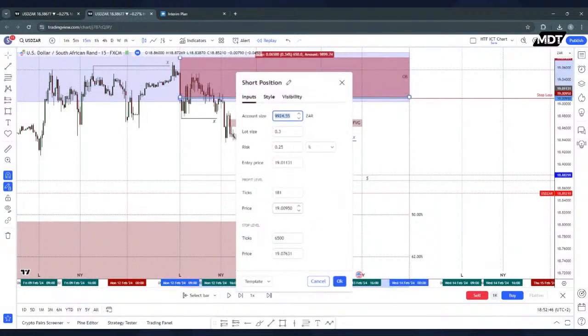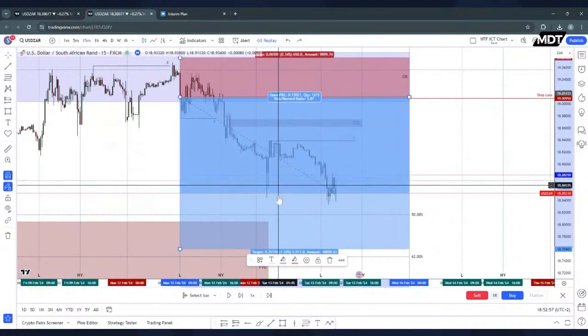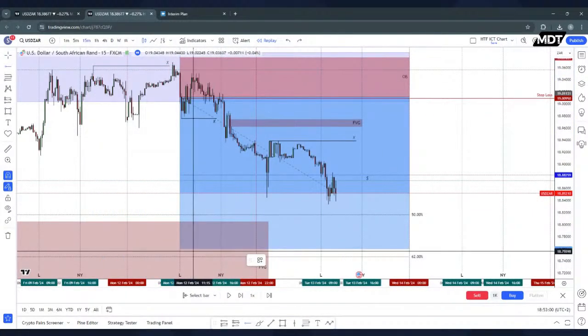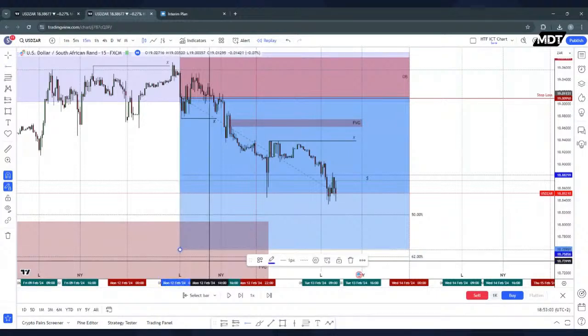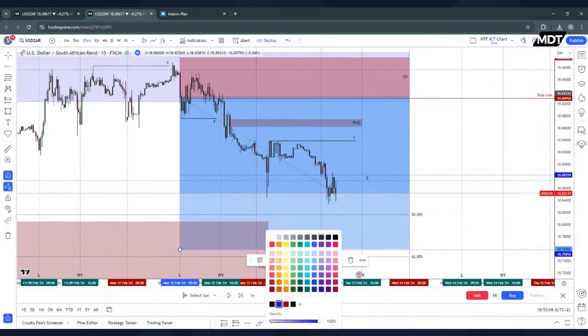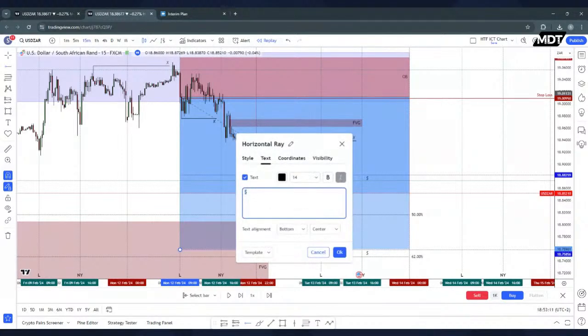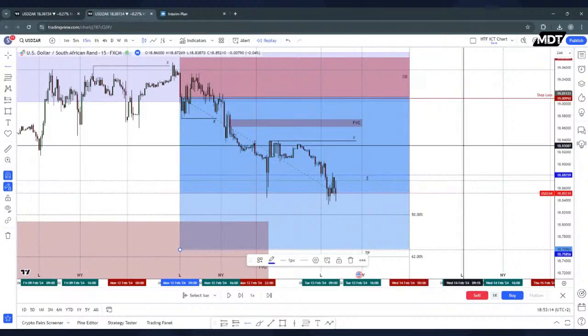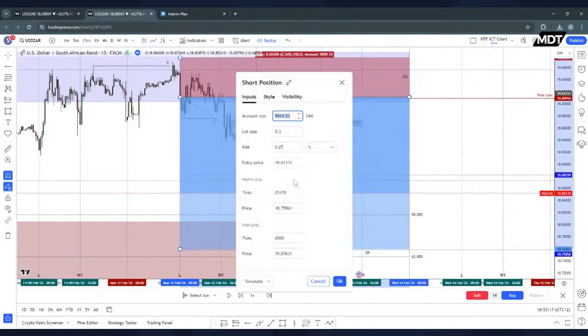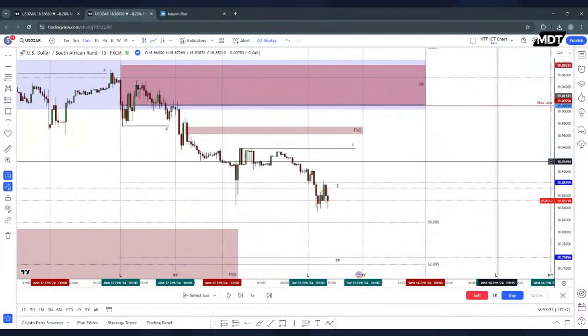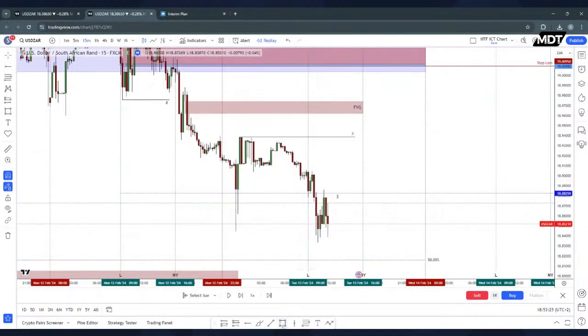What I should do though is just mark this, just so that I know where that is, because I can't actually set an alert right now. So we've technically protracted lower here.